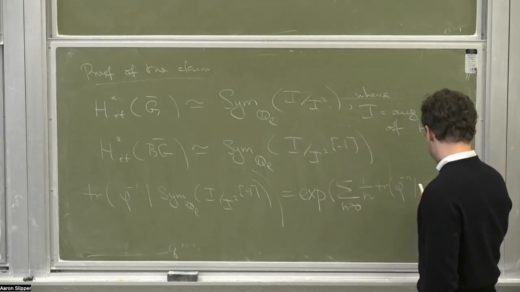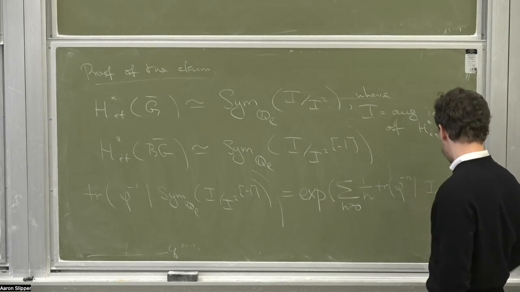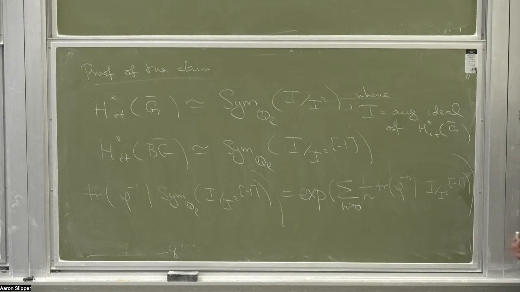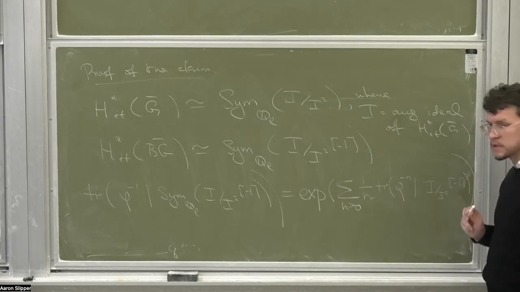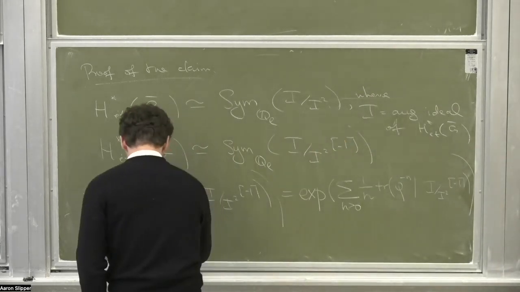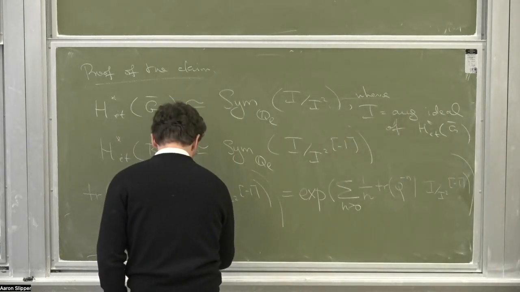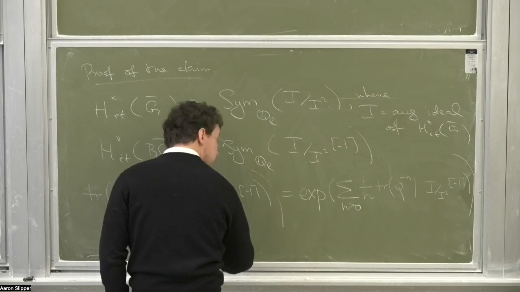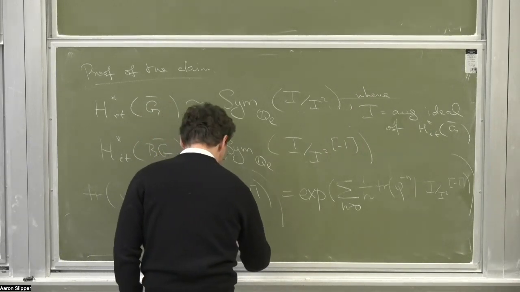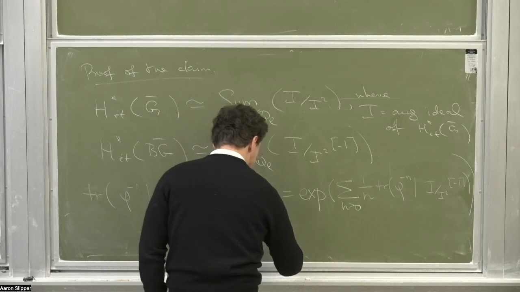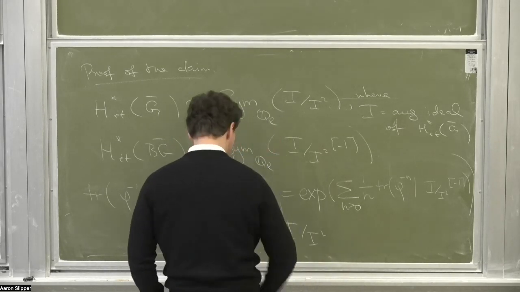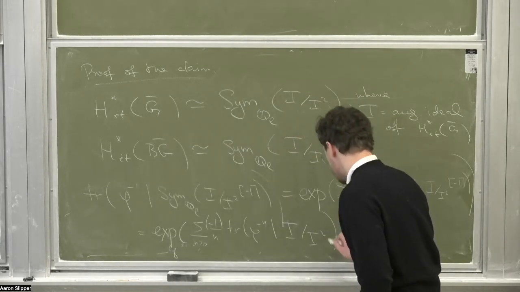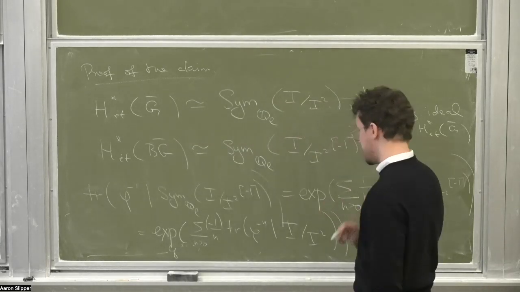But okay, so we have this endomorphism, the nth power of F inverse, acting on this thing shifted by minus 1. The trace of an endomorphism acting on the shift is the same as the trace of the same endomorphism, but now acting on I modulo I squared, times minus 1.